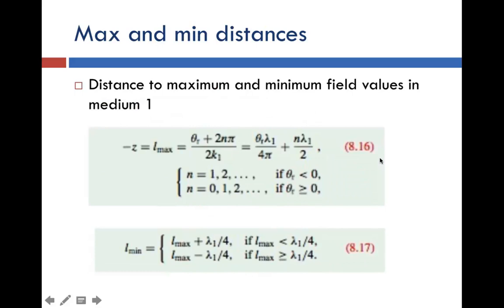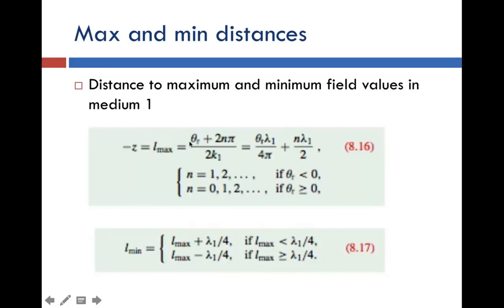The other thing to discuss is that, depending on where you are along the wavelength of the wave, you'll have a maximum and minimum field value in medium 1. You've got this propagating wave and reflected wave interacting with each other, and you can determine from some geometric factors the location of the point where the value of the field is at a maximum.